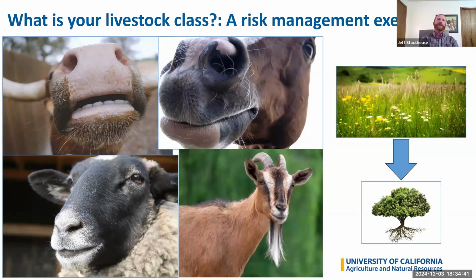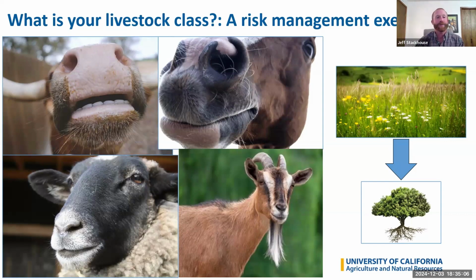And the world of livestock, for those of you that aren't familiar, goes from browsers on one end, which eat primarily bushes, all the way down to grazers on the other end that eat primarily grasses. You're wondering, why does this guy have pictures of a bunch of faces of livestock?